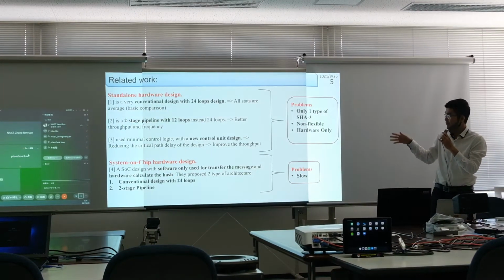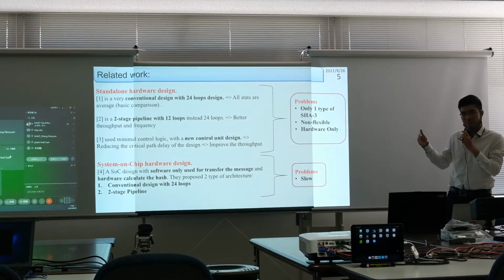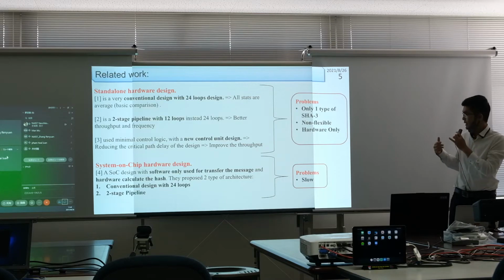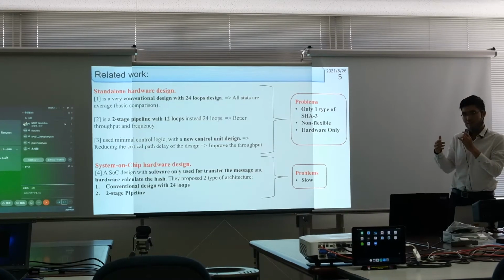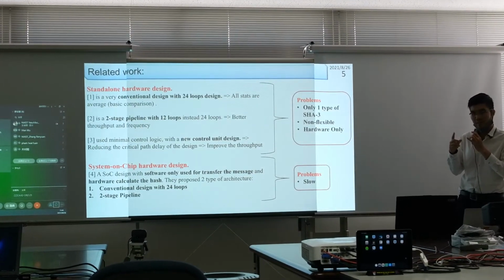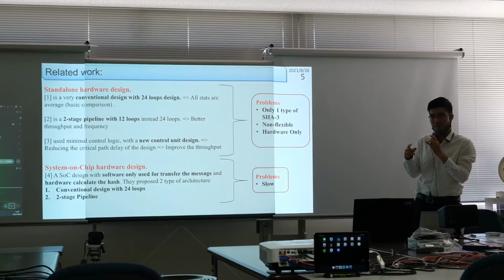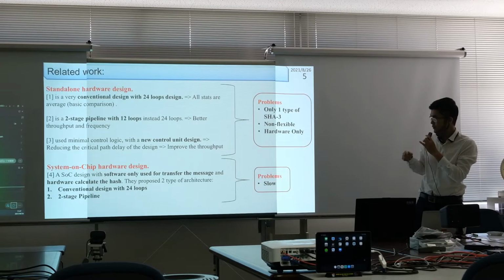All of them aim to improve throughput and frequency. But the problem is that because they are only hardware, they only support one variant, SHA-3 256 or SHA-3 512, and they're not flexible because they can only be used as hardware.